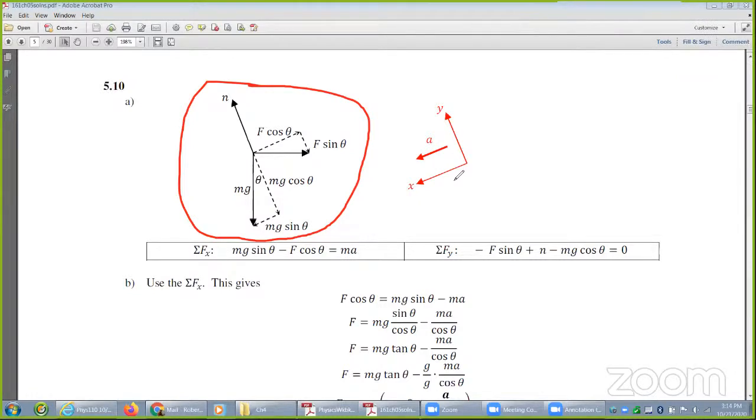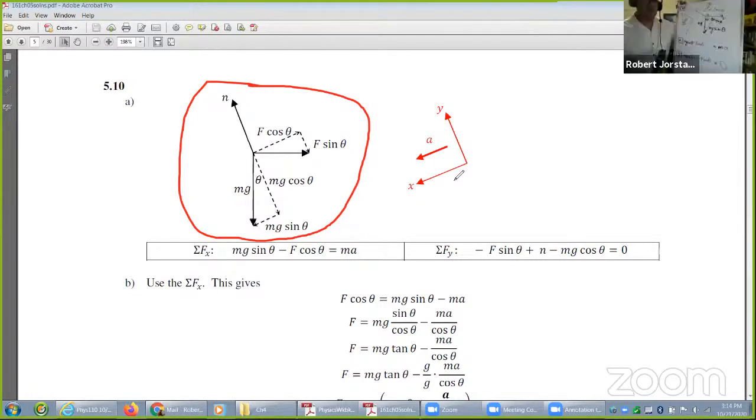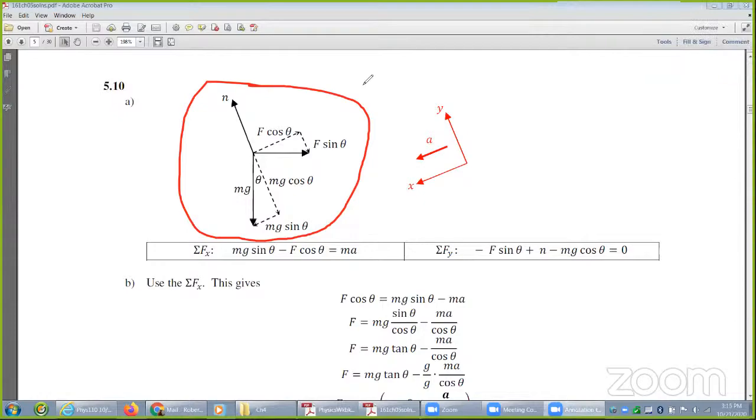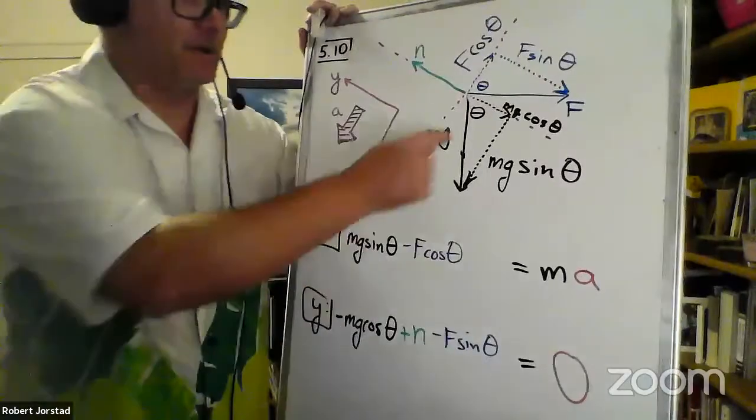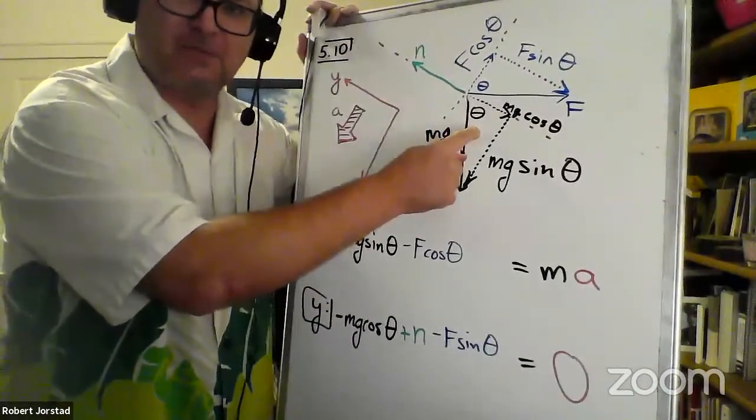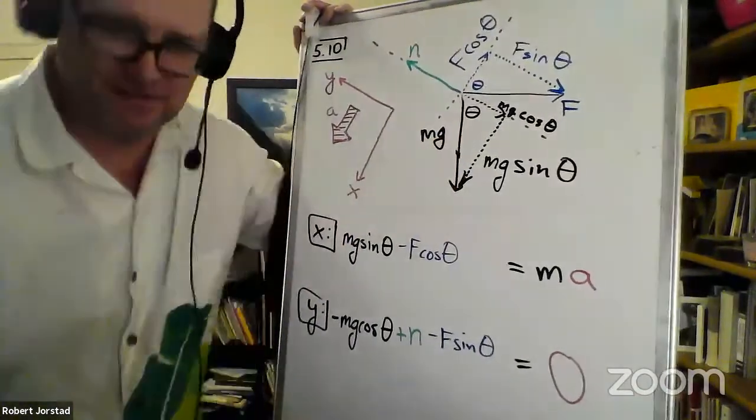No, I thought I had something, but no, I don't. Well, let me ask you this. In the work that we did on the whiteboard, was theta the skinny angle or the fat angle? It was the fat angle. Oh, okay. I see now. And so I need to redraw that a little bit better. And I'm going to do that, and I just haven't had time.